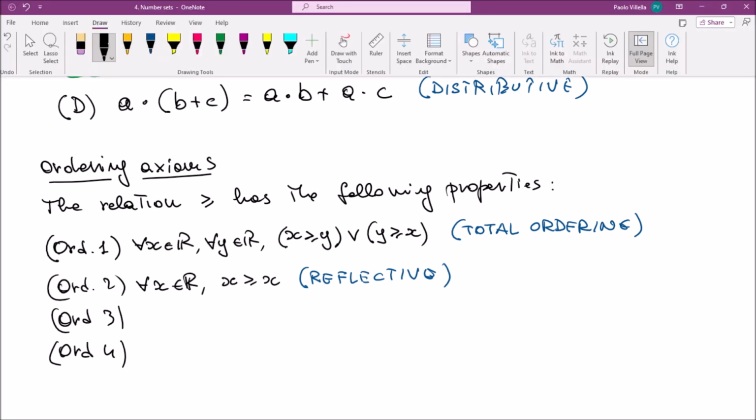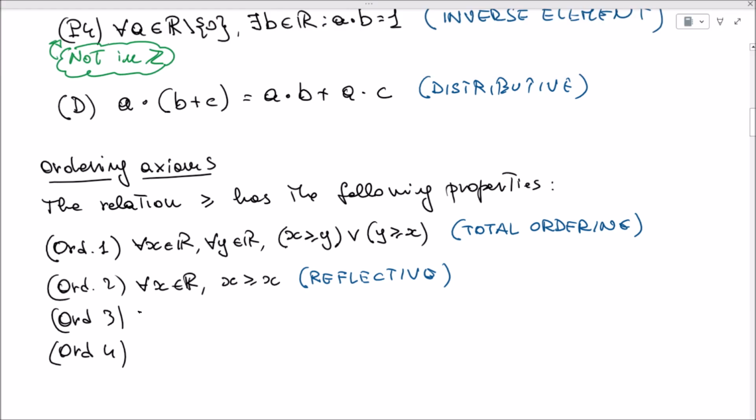Third property says that if x is larger than or equal to y, and y is larger than or equal to x, then it follows that x must be equal to y.